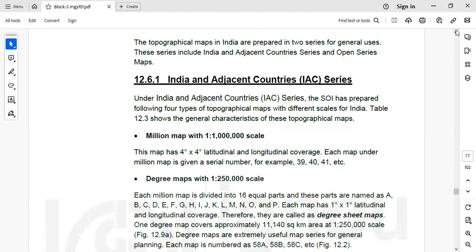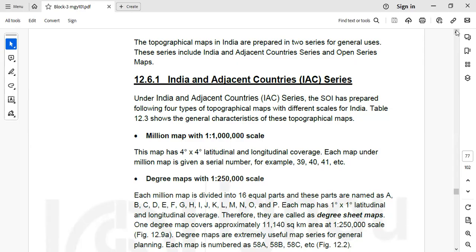As I already said, there are various types of topographical maps. Then we have the million maps, and its scale is 1:1,000,000. This map has 4° by 4° latitudinal and longitudinal coverage.